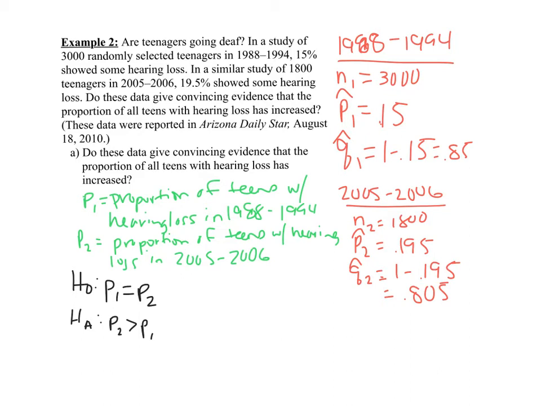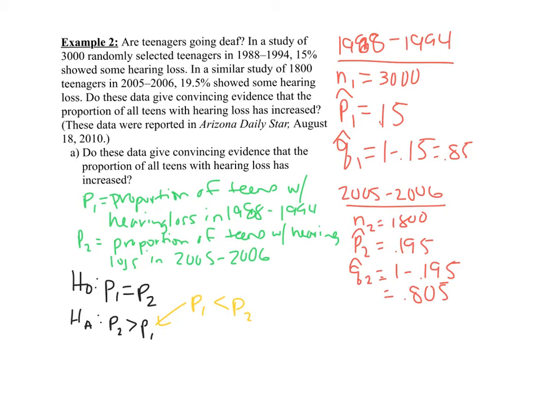By the way, you might notice that I put my P2 first instead of my P1. It's completely acceptable to do P1 is less than P2. However, the reason I'm doing it this way is because I have my higher number first, so once I work the problem out, my numbers will be positive, which is really nice.